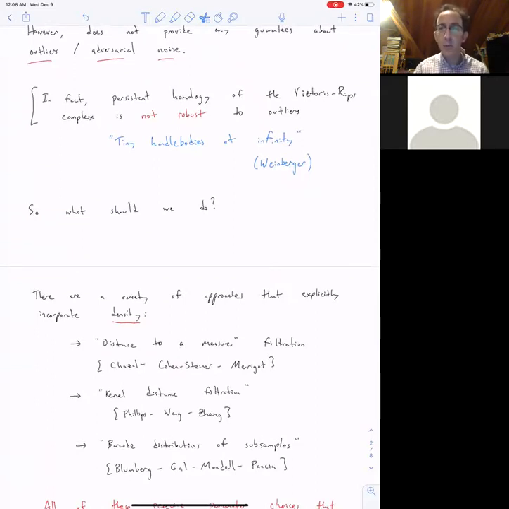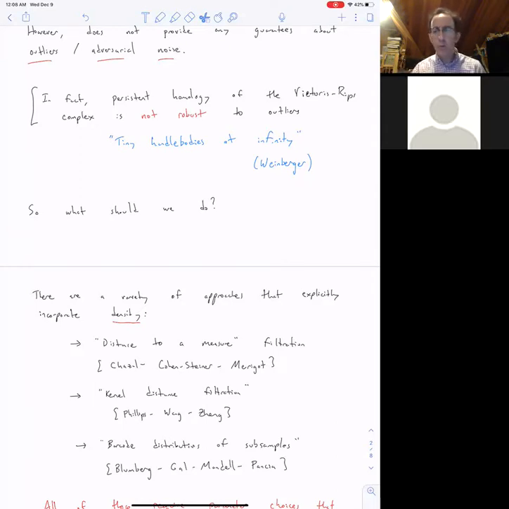Shmuel Weinberger is fond of talking about tiny handlebodies at infinity. That captures the kind of thing that happens where I can add some adversarially chosen complicated topological features very far from the core of the data that use a small number of points. Think about minimal complexes for circles and spheres.